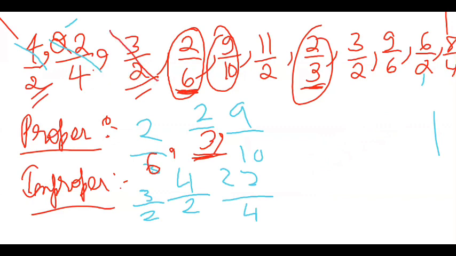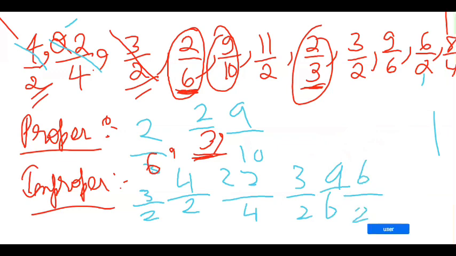Okay, what is left out? 3/2, 9/6, 2/8, 4/11, and 2. Excellent, Aisha, mashallah. Very good, beta. Okay, so you have learned how to distinguish between proper and improper fractions, right?